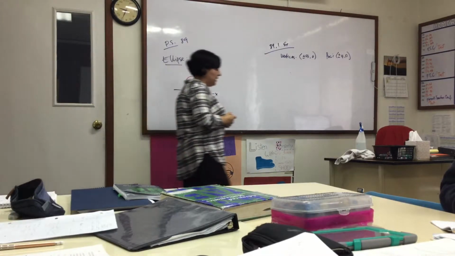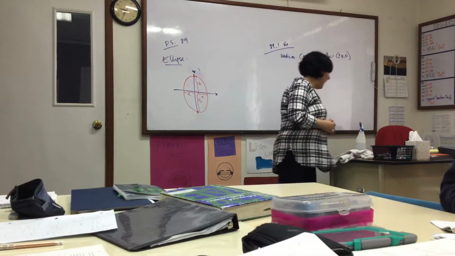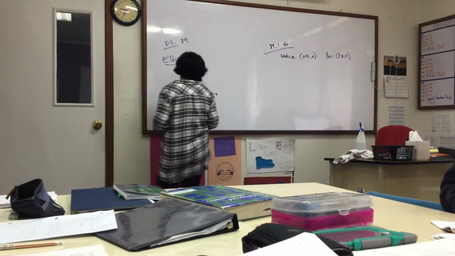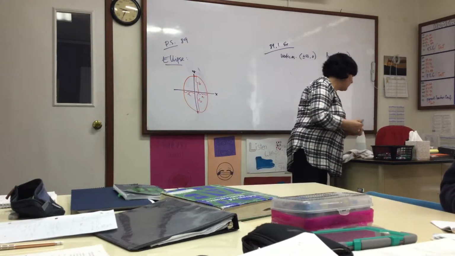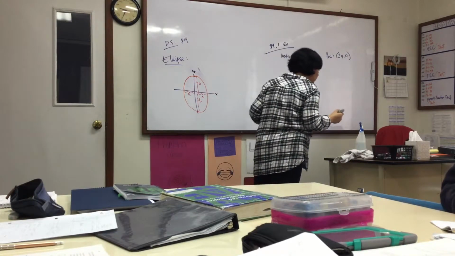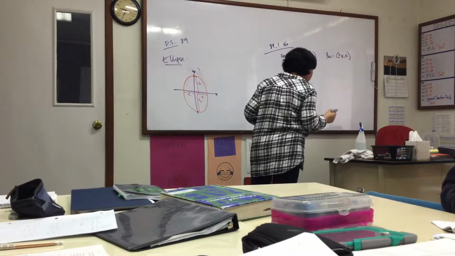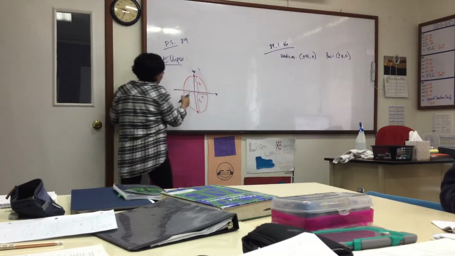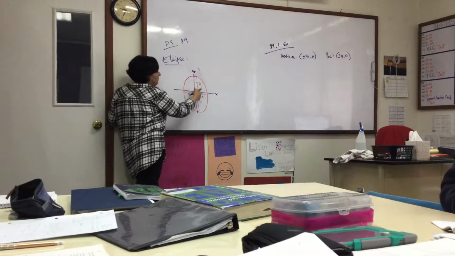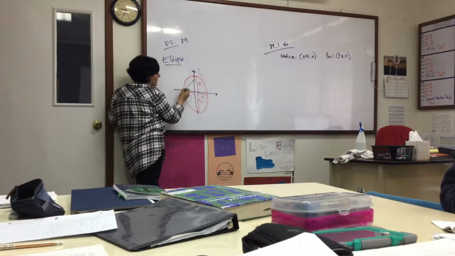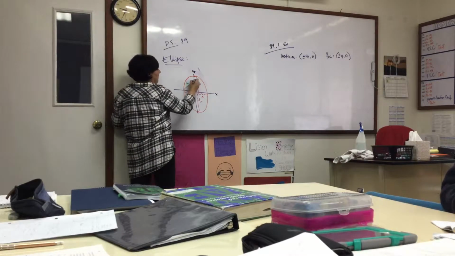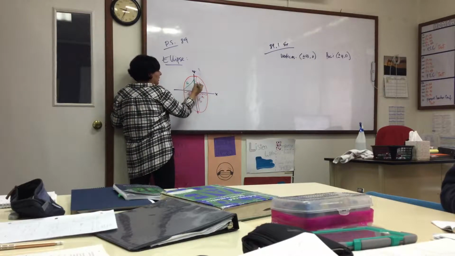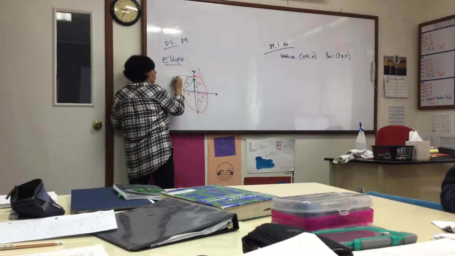This distance here, this B, is also the same as this distance here in B, okay? And then you're going to have a third side, which is going to give you the focus.